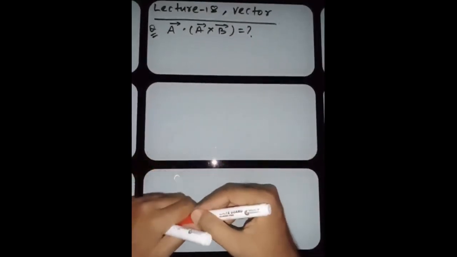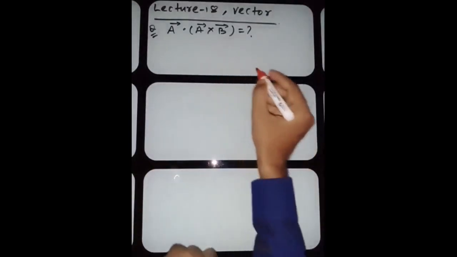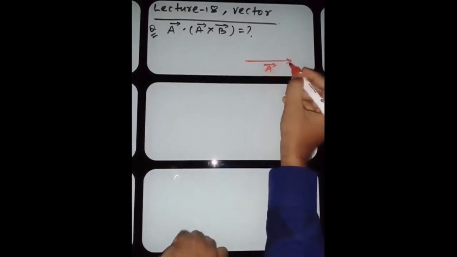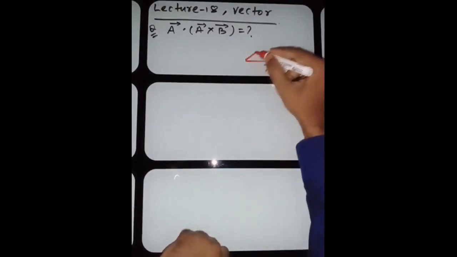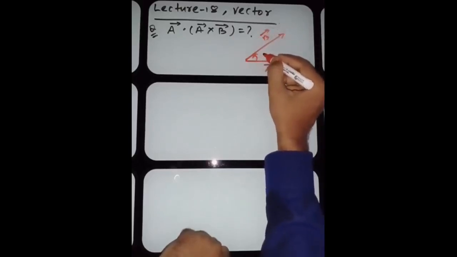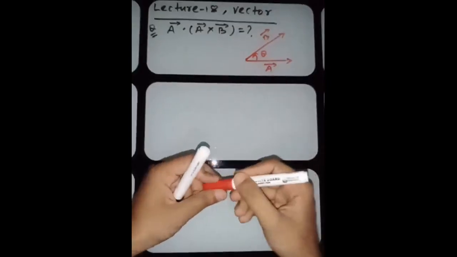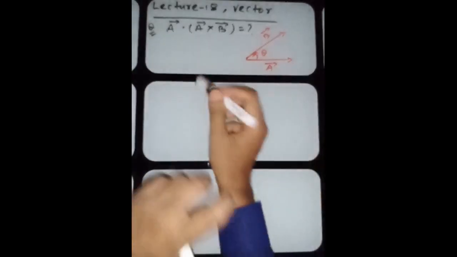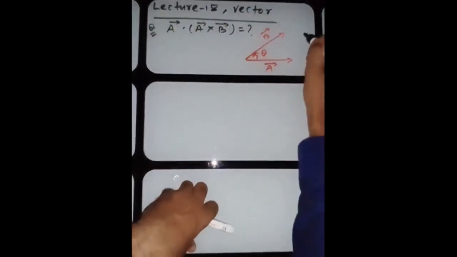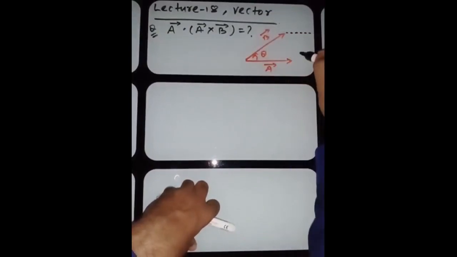Here, A cross B. Suppose we are having a vector A like this way and the vector B. This is the angle theta between A and B. Now, try to find out A cross B first. A cross B will be perpendicular to the plane of these two vectors.